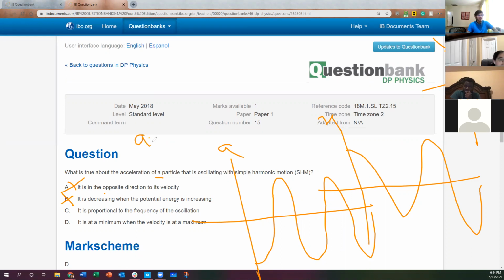What did we say? Remember, a equals negative omega squared x. First of all, it's not the frequency, this is the angular frequency. And if anything, you would say acceleration is proportional to the square of the angular velocity. So it's not C. And we can clearly see that it's D.